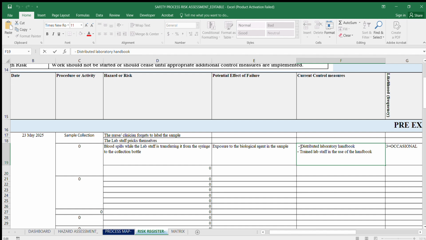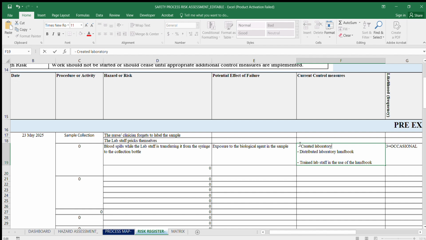So if you've distributed the laboratory handbook, it means you have that laboratory handbook in your system. So if you've distributed, it means you have created it. We're going to say you've also created or developed a laboratory handbook.